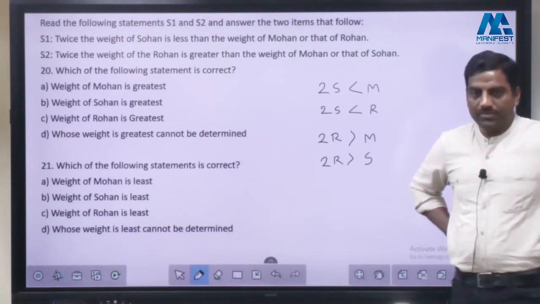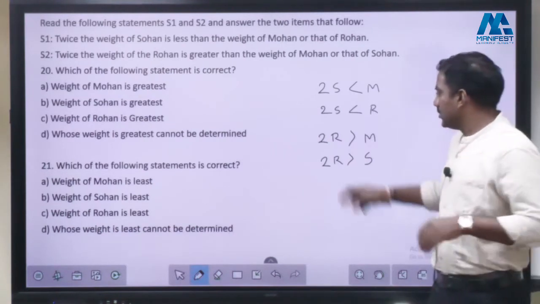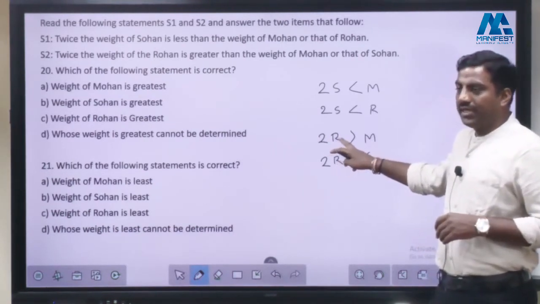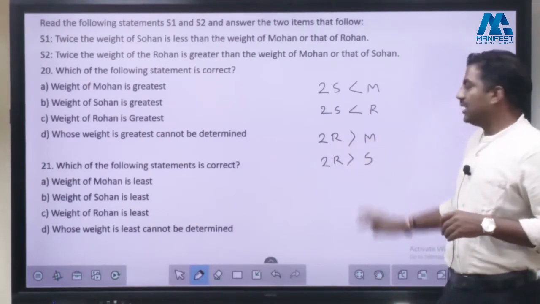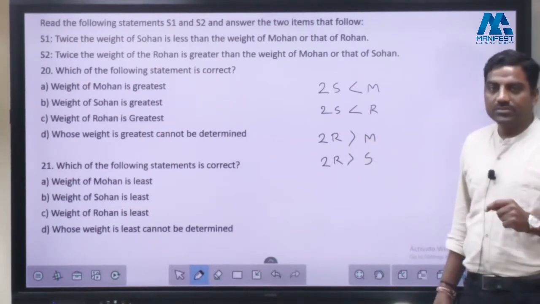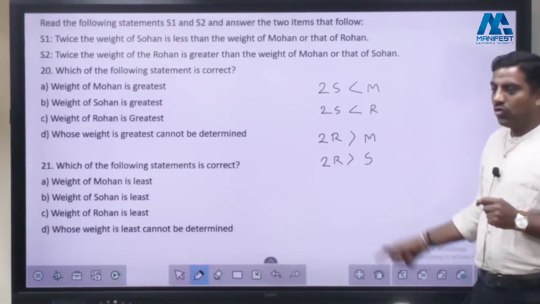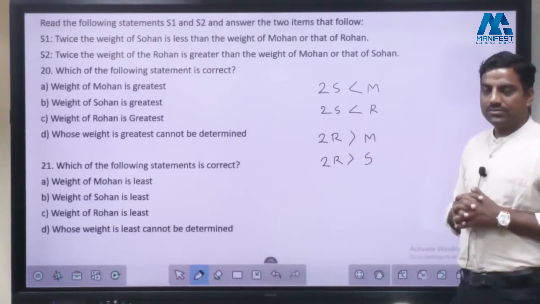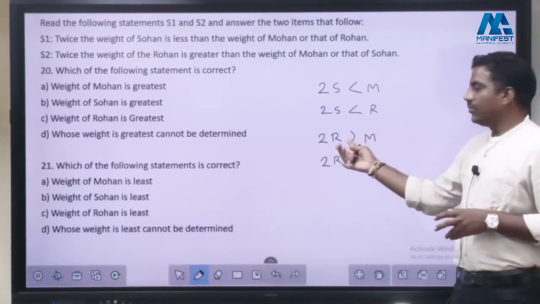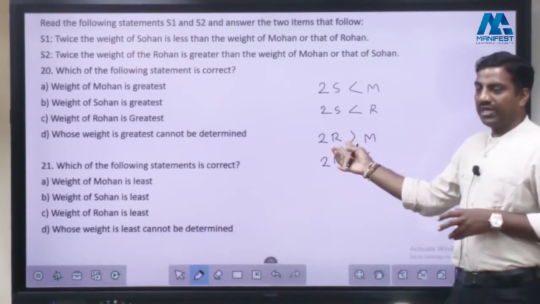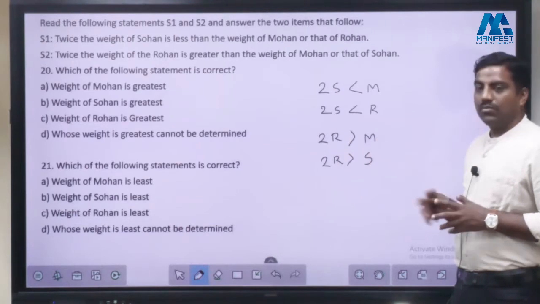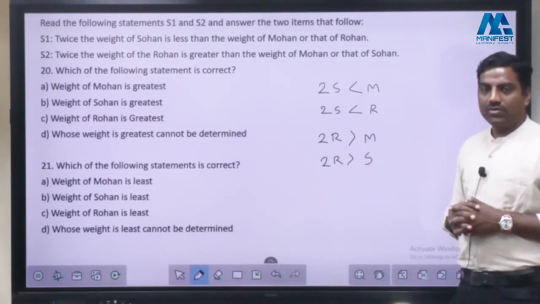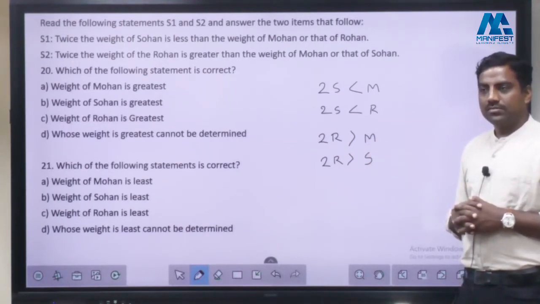I'll give an example. Rohan is 10 kgs and Mohan is 11 kgs. What will it be? 20. More than 11. Correct, no? Who is highest here? Mohan.